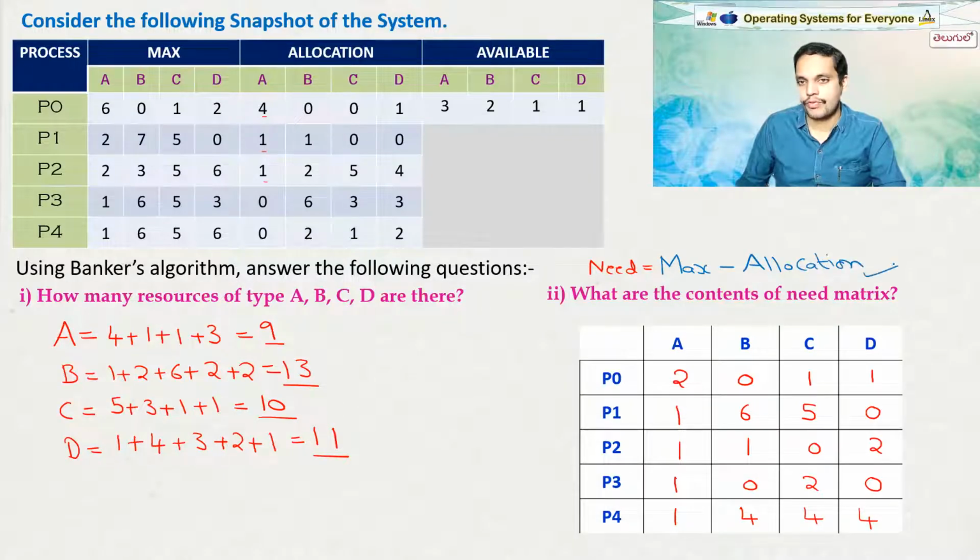This is the formula wherever you need to calculate the contents of need. So let me proceed on. I gave the answers for these two: 9, 13, 10, 11 for the four resource categories, which are the number of resources of each category. And then we calculated the need matrix also.